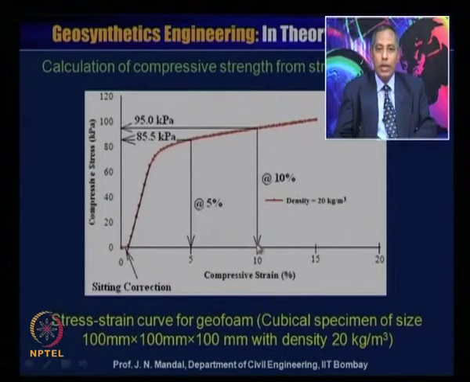When it is 10%, you move up to this point and then move horizontally, and you get a compressive stress value of 95 kilopascal. So, increasing the strain also increases the compressive stress value. This is for a particular expanded polystyrene geofoam whose density is about 20 kg per meter cube.